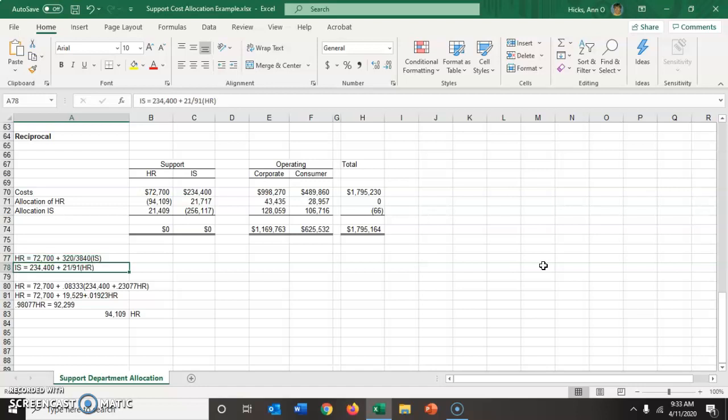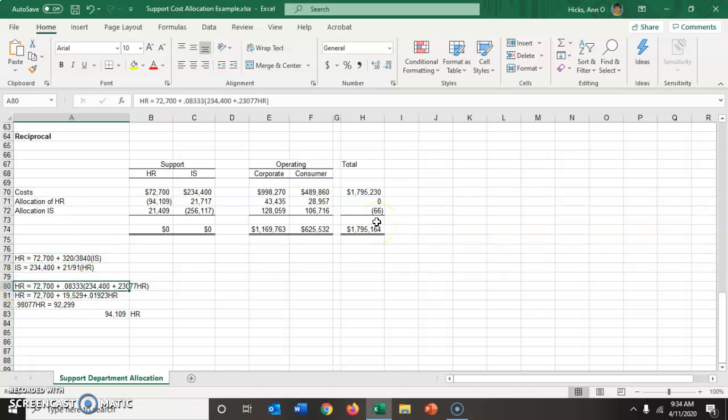By the same token, information systems is going to be 234,400 plus 2191, or their share of the HR costs. So we have two equations with two variables, which means we have to solve a simultaneous equation, which basically means what I did was I took the HR equation and I substituted this equation, the one in A78, for the IS in HR.